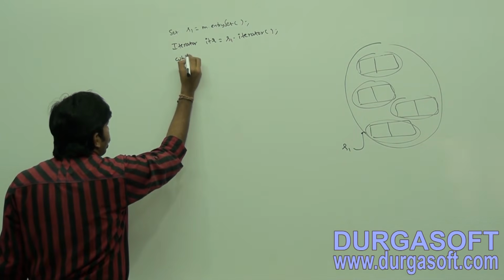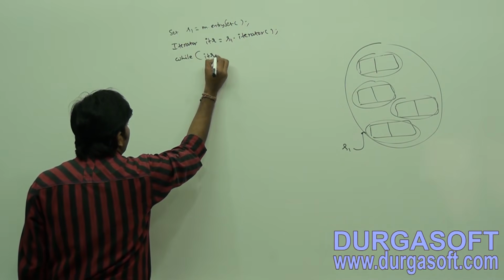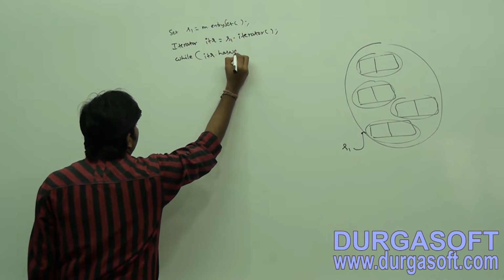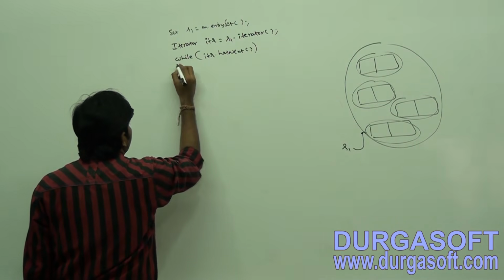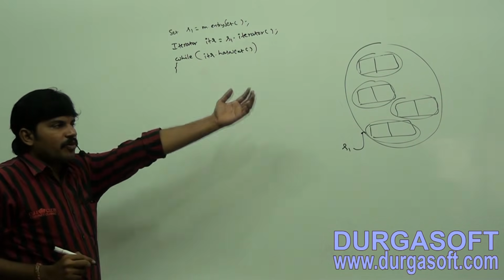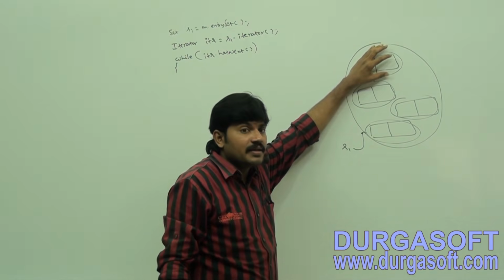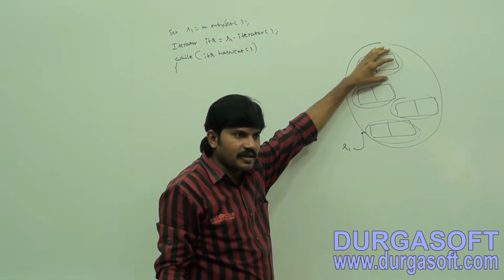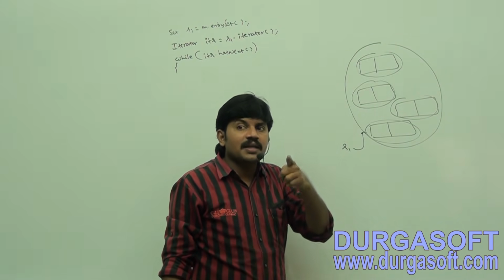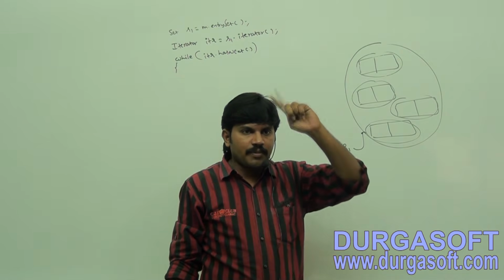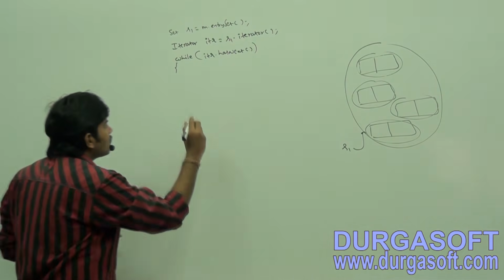While what is the next code? While itr.hasNext(). Is the next element there? Can you please provide that next element? But this next element is what type? Entry type. Are you getting entry type? Entry is an inner interface present inside the Map interface. That's why outer dot inner.